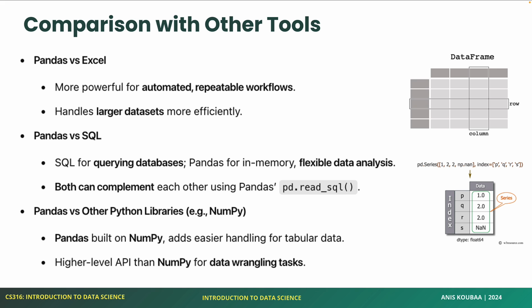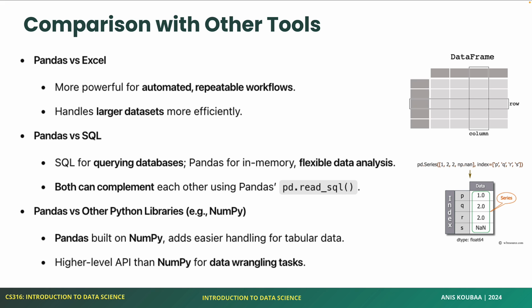Now, when you open an Excel file with a large amount of data, it's going to spend a lot of time loading this data first. And any kind of operation that you do, especially if you write long scripts, is going to be very, very slow. With Python, it is more flexible and more efficient to work with larger data sets. Same thing, you can use Pandas to load data from SQL databases, and you can also run SQL queries on this data.